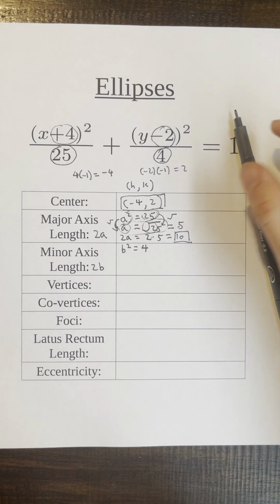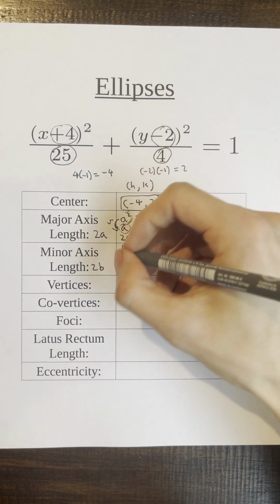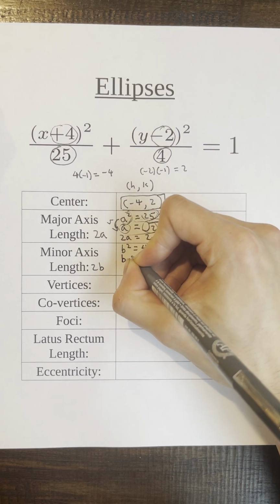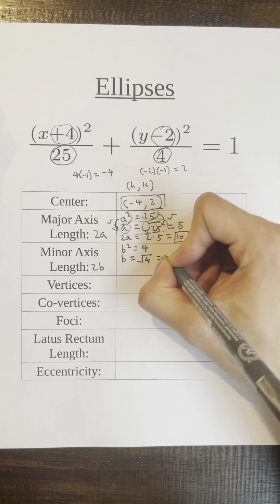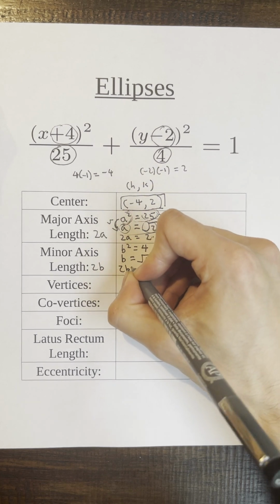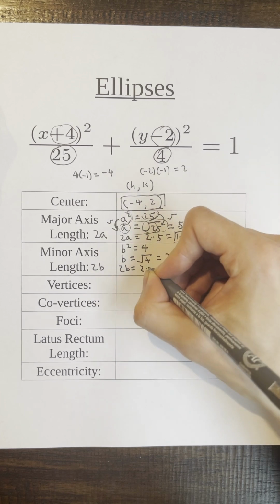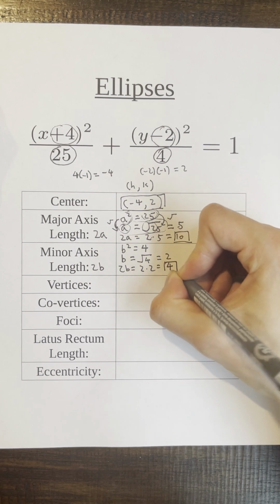Okay, what did you get? You should have gotten that b is equal to the square root of 4, which is equal to 2. And 2b is equal to 2 times 2, which is just 4. This is your answer.